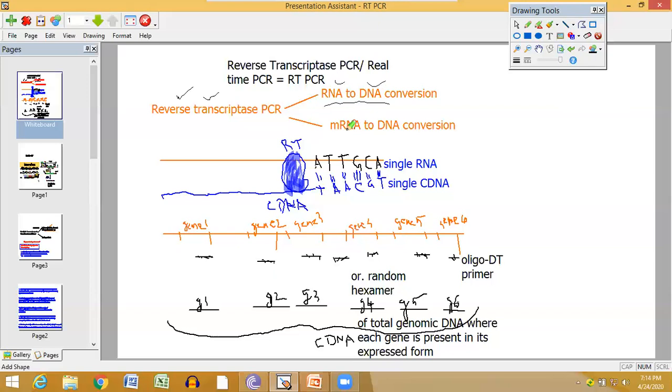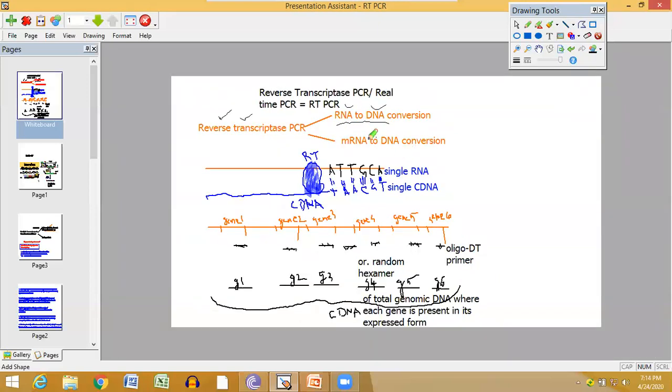And if we have the total mRNA of the genome, that is of the cell, we can also convert that total genomic mRNA to DNA.